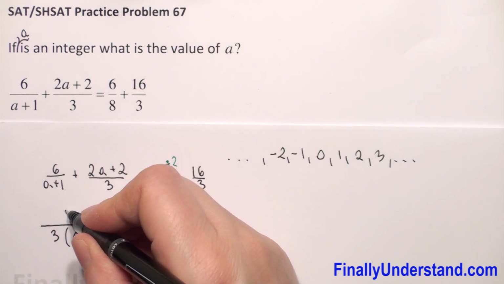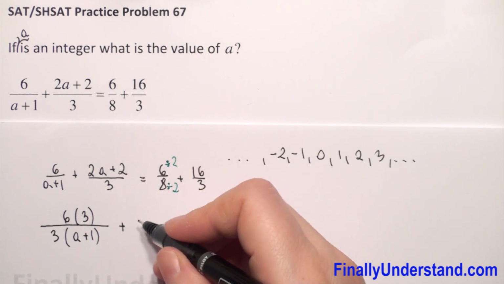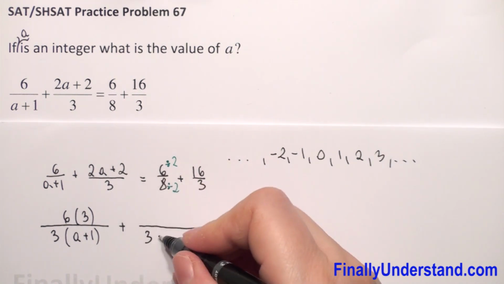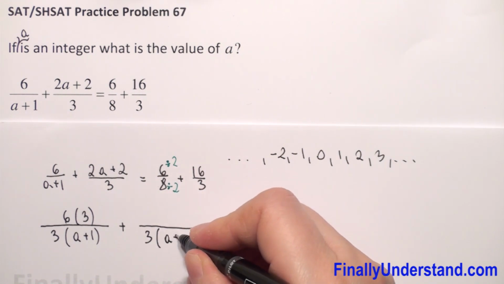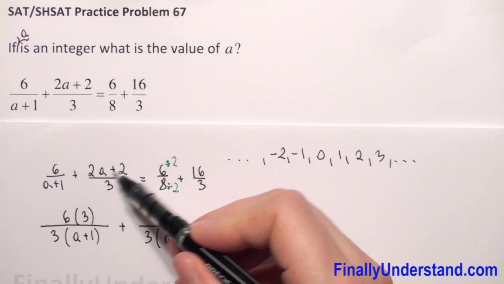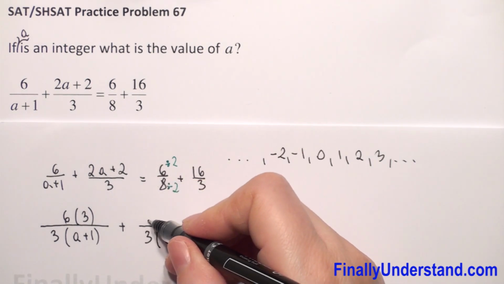So 6 we copy and we need to multiply times 3. Plus, and now we have only 3 in our denominator. We multiply the denominator by a plus 1, so we need to multiply our numerator also by a plus 1.